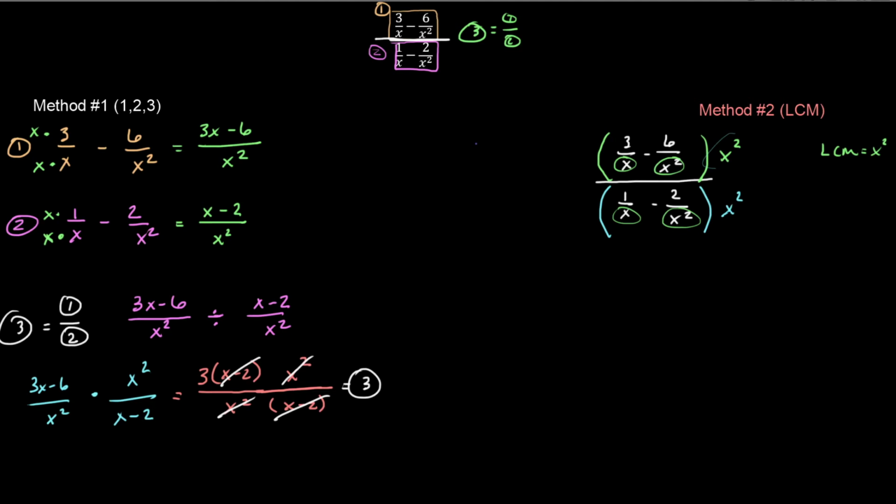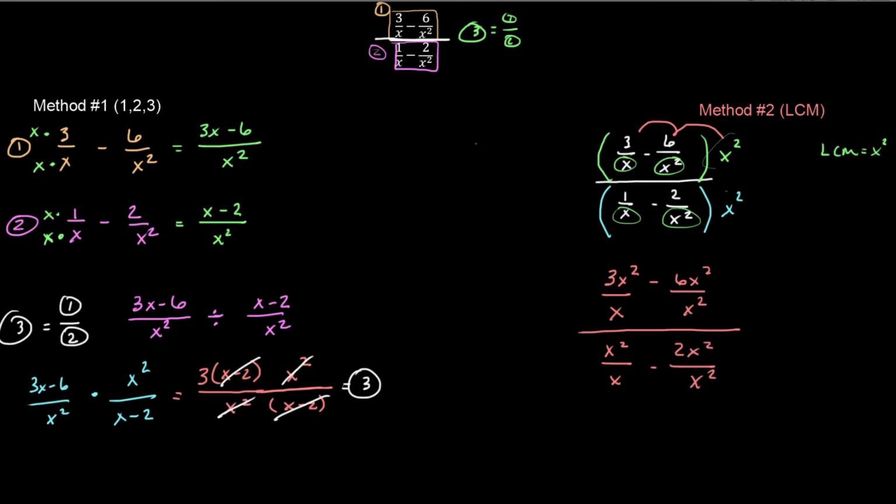It's just 1. I'm changing the look without changing the value. But when I do this, all of these x squareds are going to come into the numerators. So I'm going to end up with 3x squared over x minus 6x squared over x squared. And then in the denominator, it's going to be x squared over x minus 2x squared over x squared.